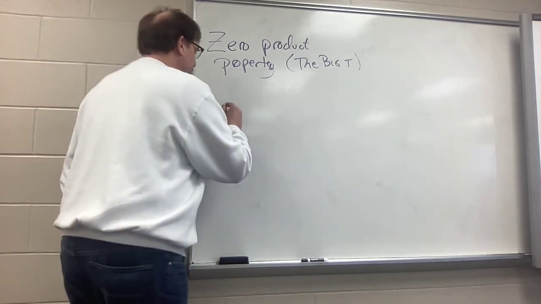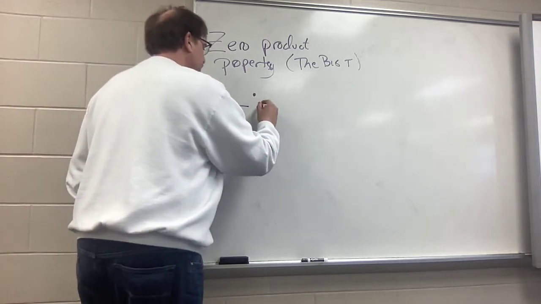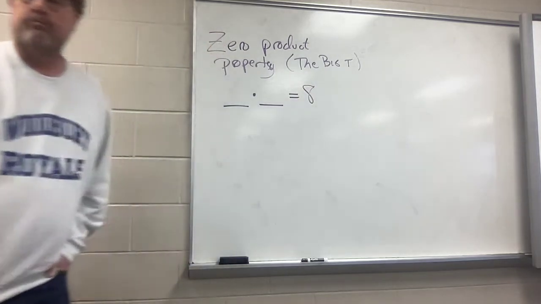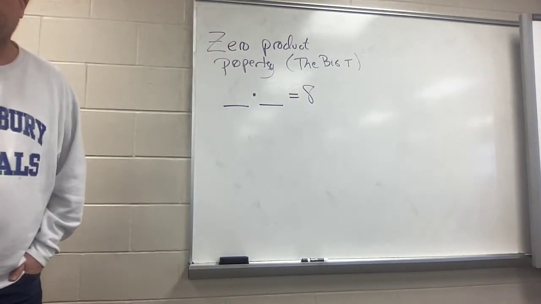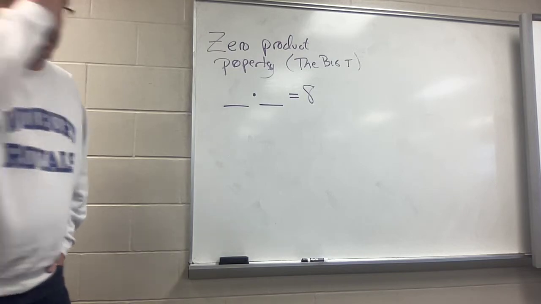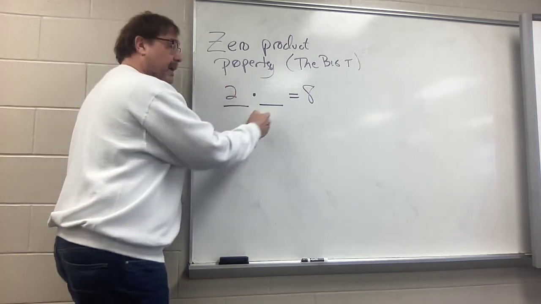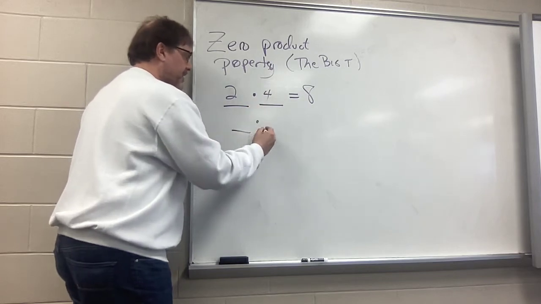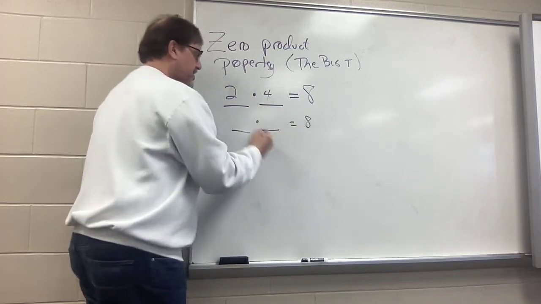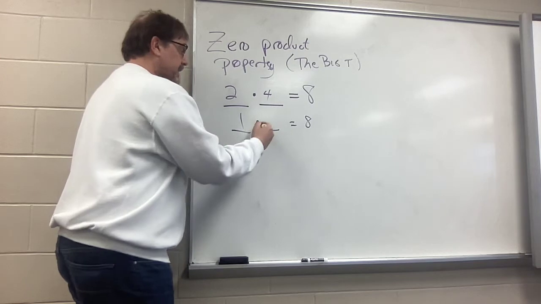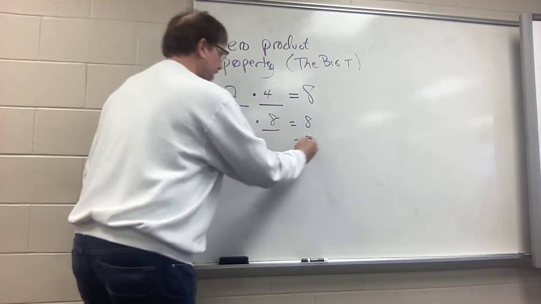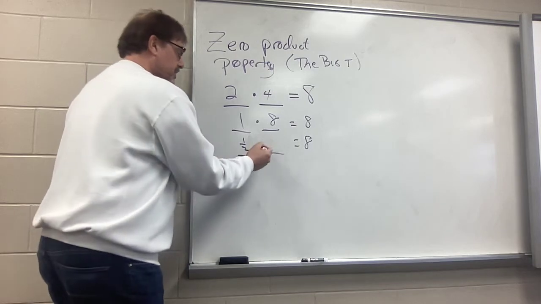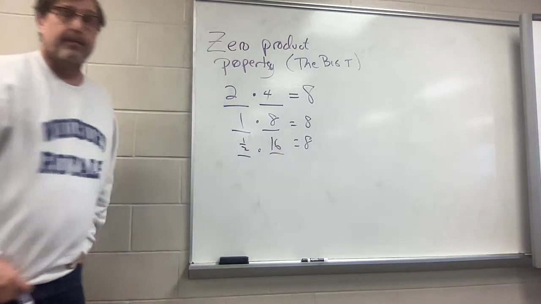If you have a number times a number, and I want it to equal 8, you know what's one of the possibilities? If this is a 2, that would be a 4. Another possibility: if that's a 1, that's an 8. If this is a half, this is 16.